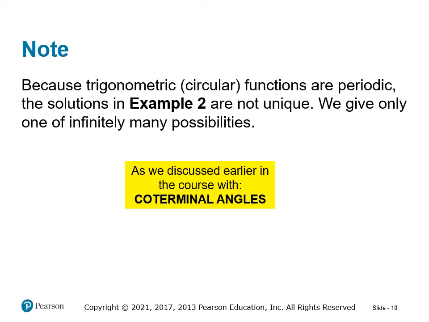So again, we could just keep rotating around because these are indeed very periodic to get multiple answers for each of these, just by adding 2 pi or 360 degrees to the angular measures.